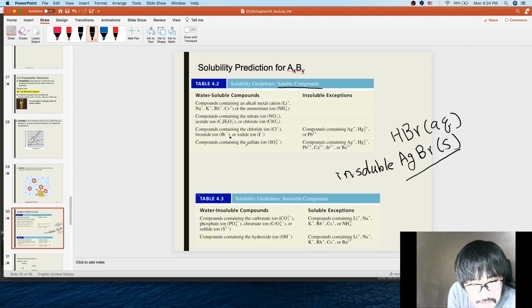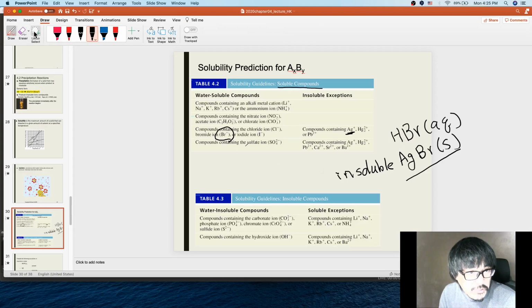Because anything that's combined with Br is water soluble, except when it combines with Ag, Hg2, or Pb2. So AgBr belongs to this exception to the soluble compound table, and it is insoluble. I hope that makes sense.